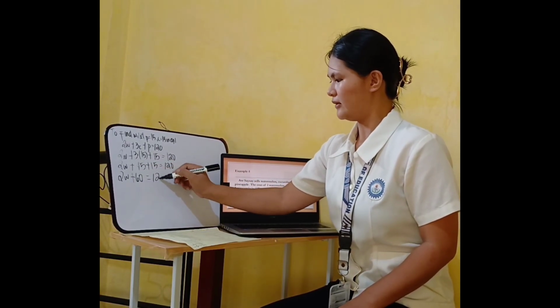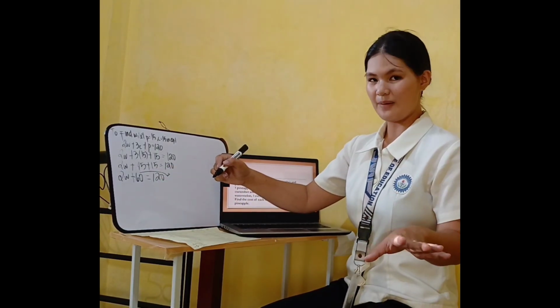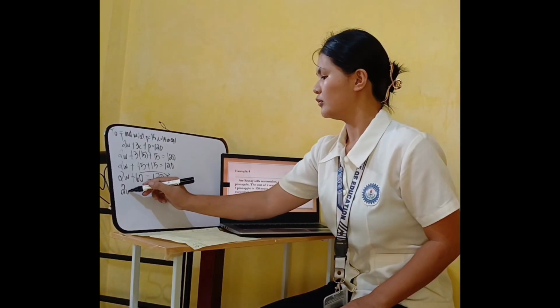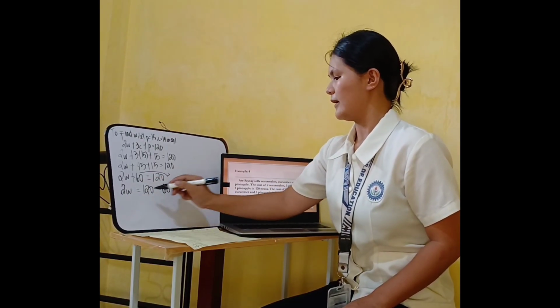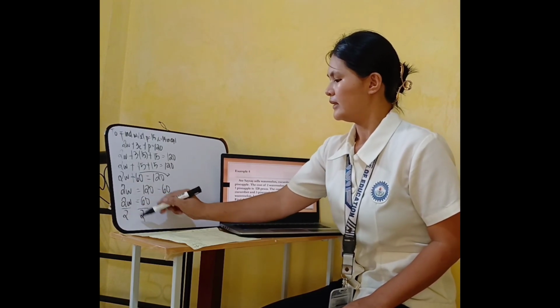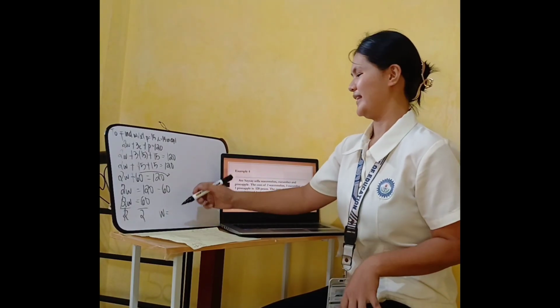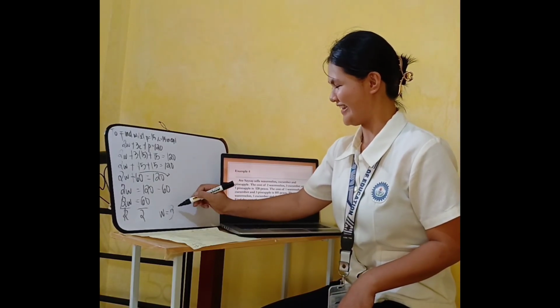is equal to 120. Now, we're going to transpose 60 and it becomes negative. 2W is equal to 120 minus 60. Copy the 2W. 120 minus 60 is equal to 60. Divide both sides sa 2. And matitira is yung variable na W. So, 60 divided by 2 is equal to 30.